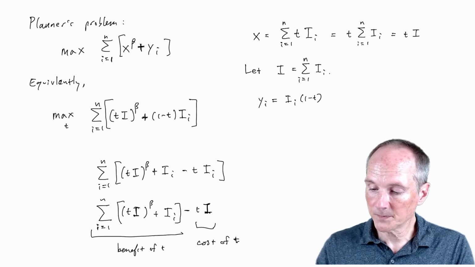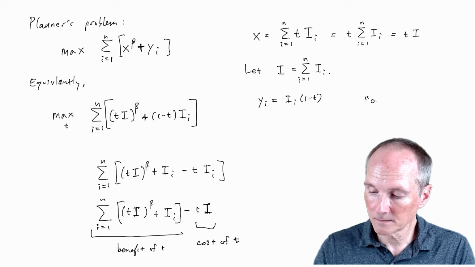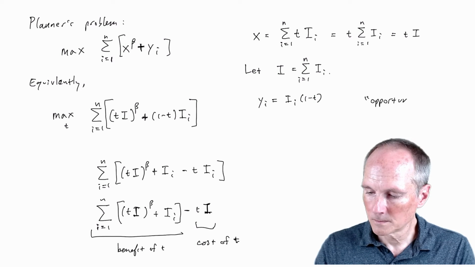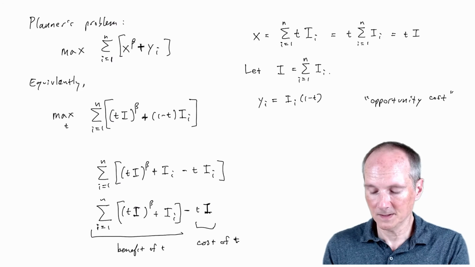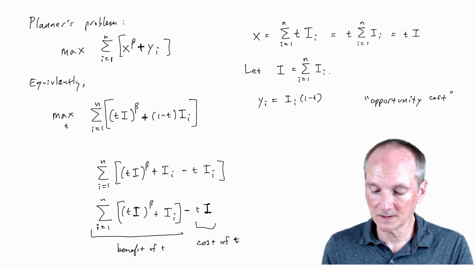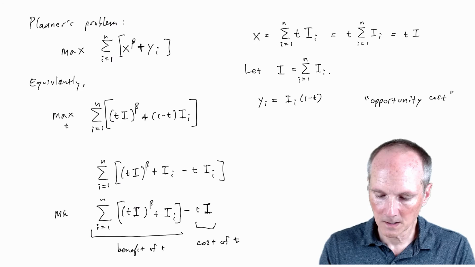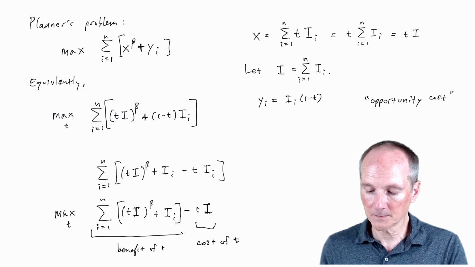So it's really an opportunity cost. But that's fine. We can still think of it in this way. We can separate out the objective function into two components, a benefit and a cost.